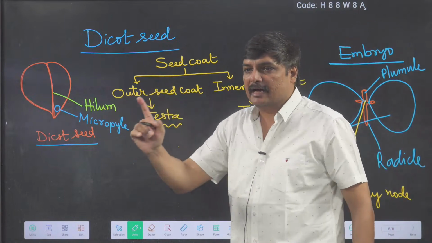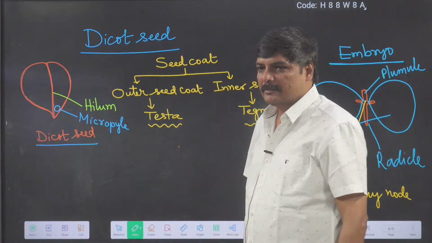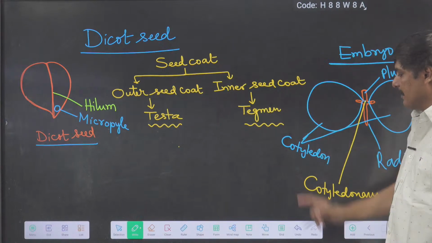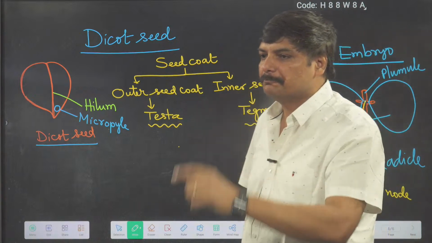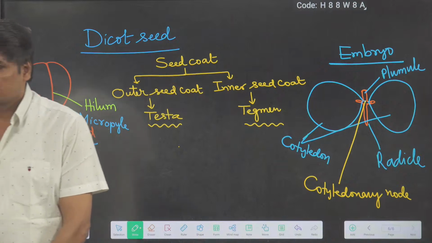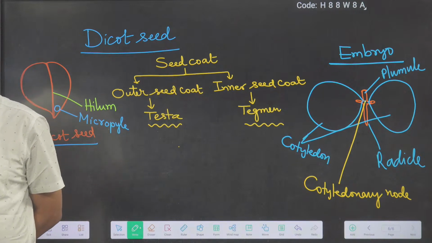What is a hilum? What is a micropyle? What is a testa? What is a tegmen? What is tigellum or embryonal axis? What is a radicle? What is a plumule? What is cotyledonary node? Understand, all of you?